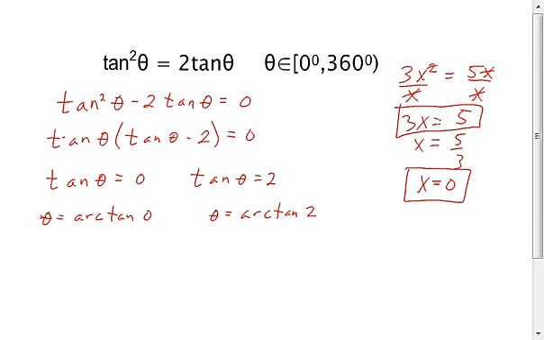Now the arctangent of 0, as you probably know, is equal to 0. So that would be 0 plus 180n, which is just equal to 180n. And this one would be equal to the inverse tangent of 2 plus 180n.